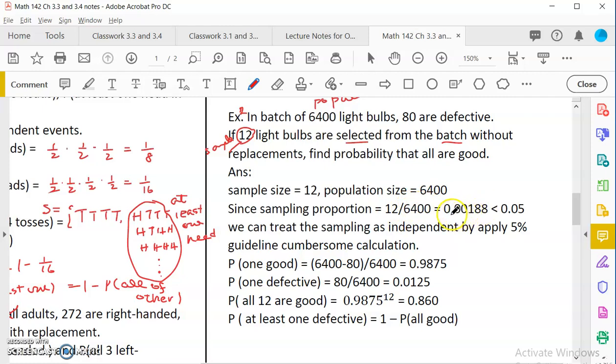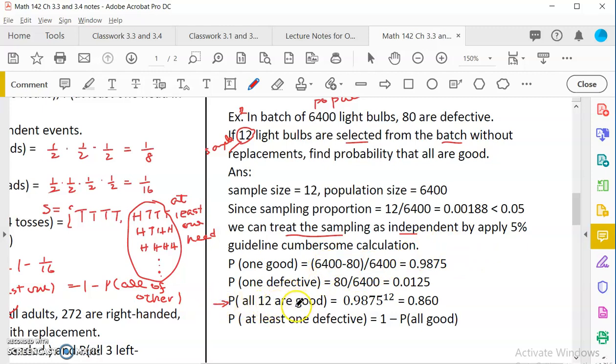So this is less than 5%, right? Less than 0.05. So if we're picking very little from 6,400 light bulbs, we're assuming independence by applying this 5% rule.